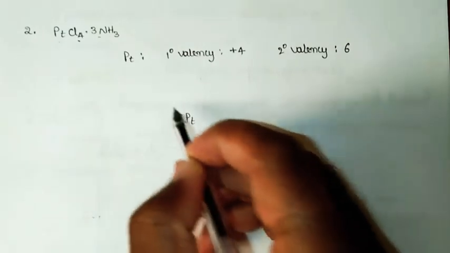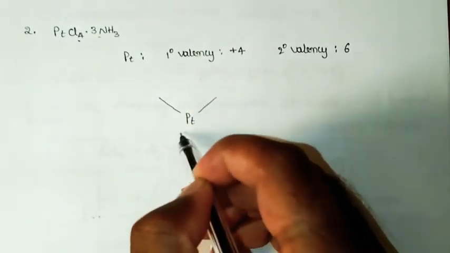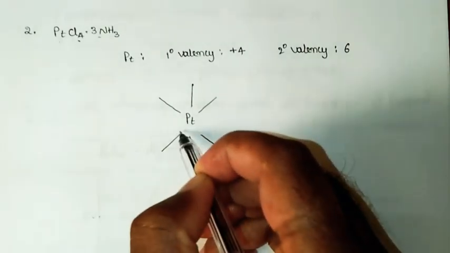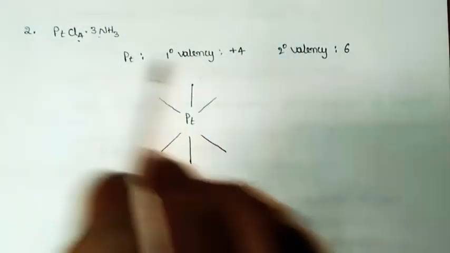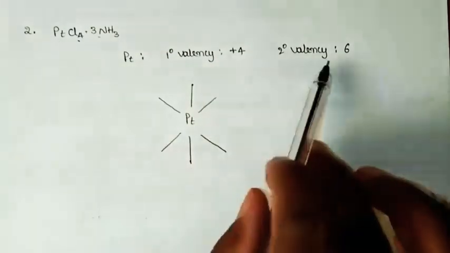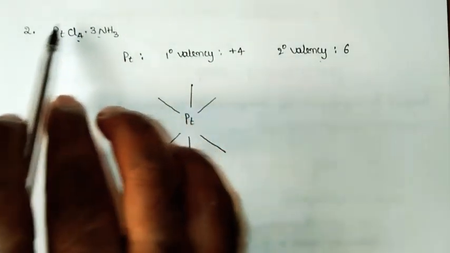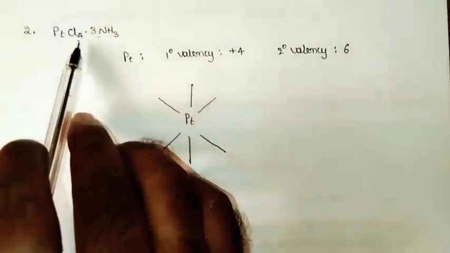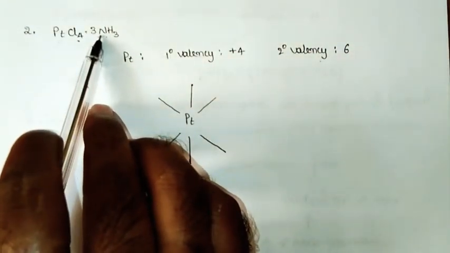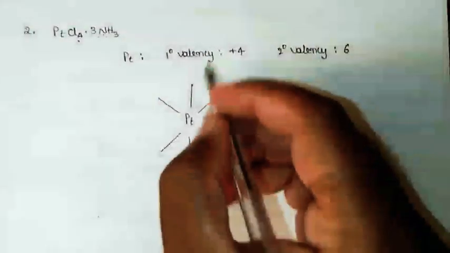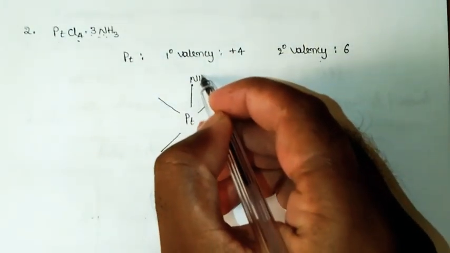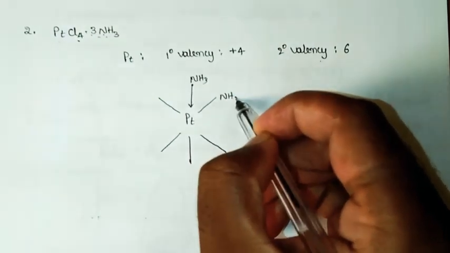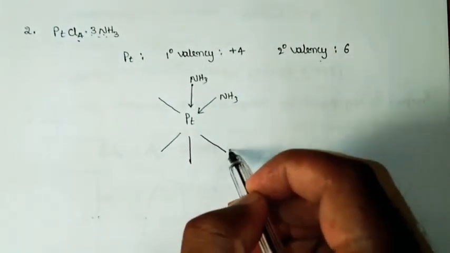So platinum, and we shall draw the 6 vertices of the octahedron. First, the secondary valency is satisfied by neutral molecules and also negative ions. So first the neutral molecules. There are 3 NH3 molecules. So first ligand, second ligand and third ligand.